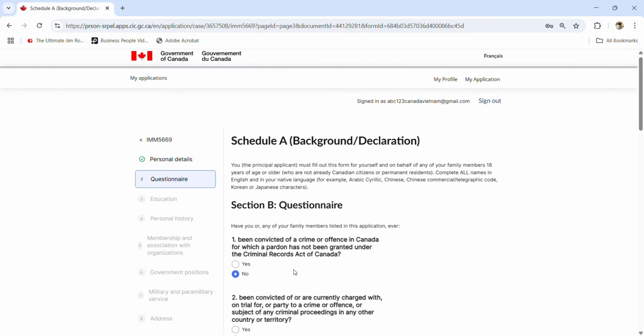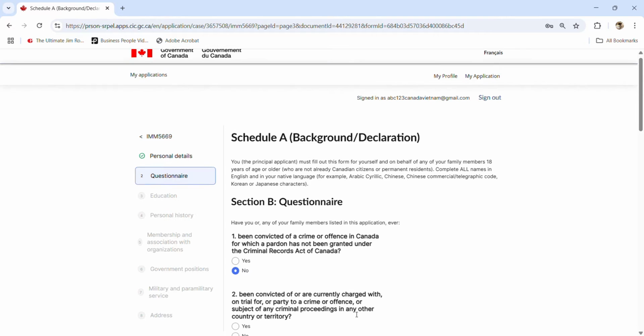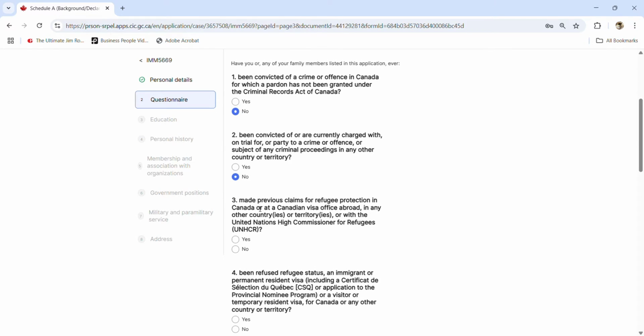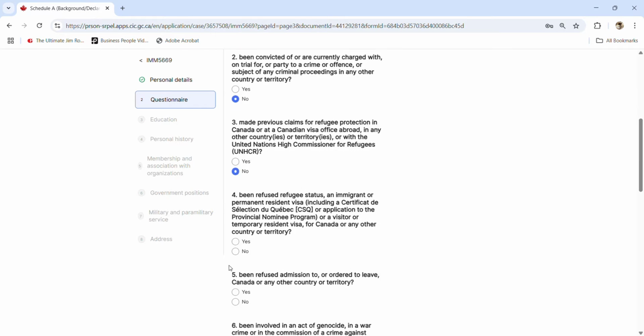No. Number 2, been convicted of or are currently charged with, on trial for or party to a crime or offense, or subject of any criminal proceedings in any other country or territory? In my case, no. Number 3, made previous claims for refugee protection in Canada or at a Canadian visa office abroad, or in any other country or territory, or with the United Nations High Commissioner for Refugees. In my case, no.